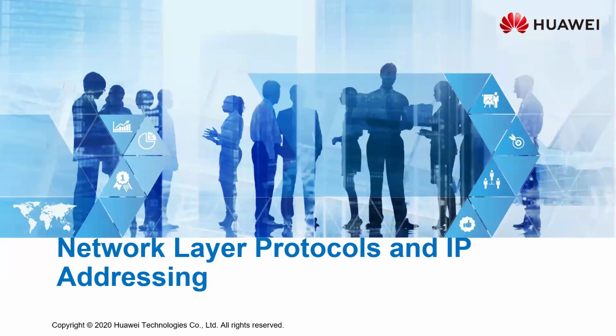Today's session, network layer protocols and IP addressing. We're focusing on layer number three. After the last session, we discussed the network models and protocols as well: 7 layers for the OSI model, 4 layers for the TCP/IP.